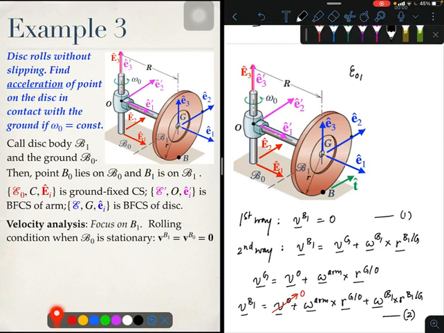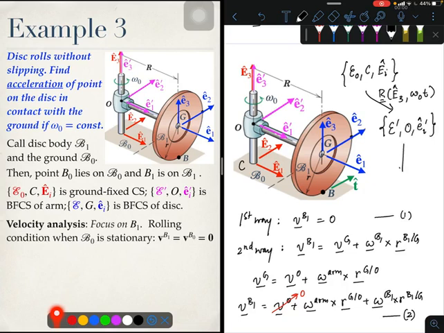So E0 centered at C with E_i is taken by the rotation about E3 by some angle omega 0 t to the coordinate system E prime centered at O and given by the unit vectors E_i prime, which will then be rotated about E1 by some angle theta, which I don't know, and theta will be changing with time, but the rotation is about E1 to give me the coordinate system attached to the disk, which is centered at G, E_i.